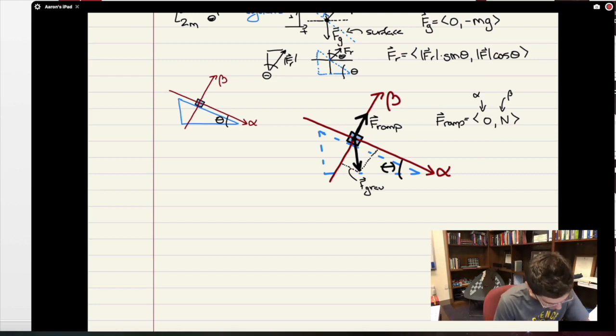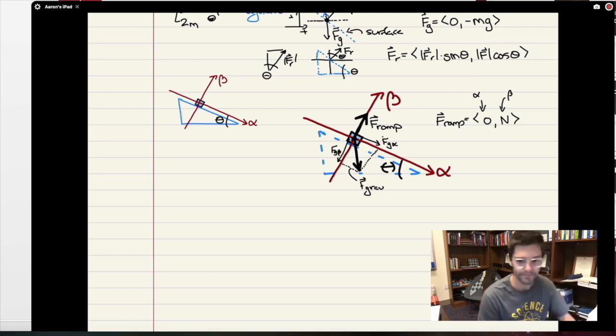There is a component here which is F gravity in the alpha direction, and then there is a component here which is F gravity in the beta direction. And so now the task is to figure out what are those two components. Let me erase, just because this is busy enough.